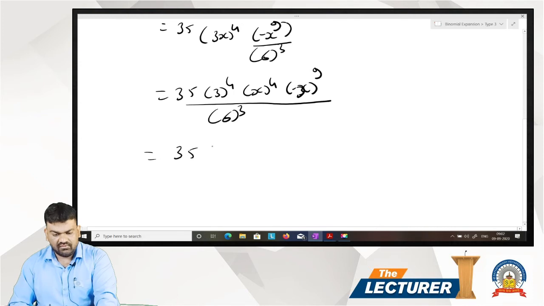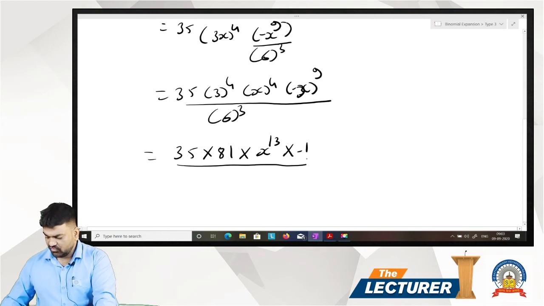So 35 multiplied by 3 raised to 4, that is 81, x raised to 9 plus 4, that is x raised to 13, multiplied by minus 1 divided by 6 cube, 216. 216 divided by 81, 216 divided by 3, that is 72.